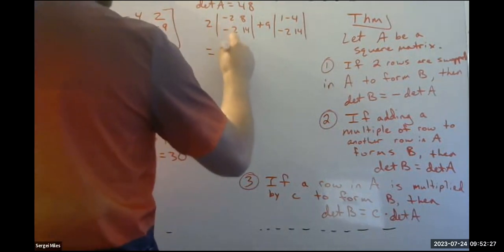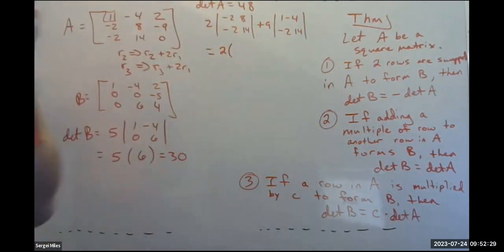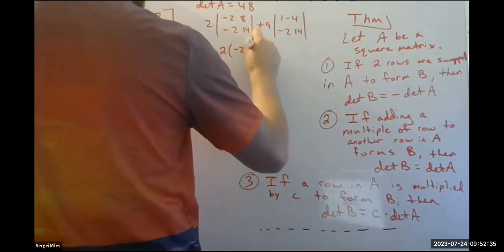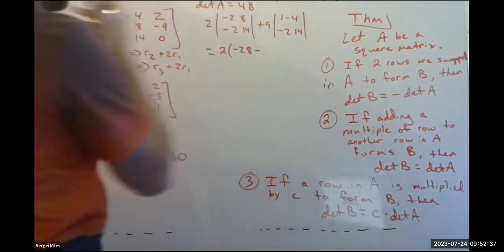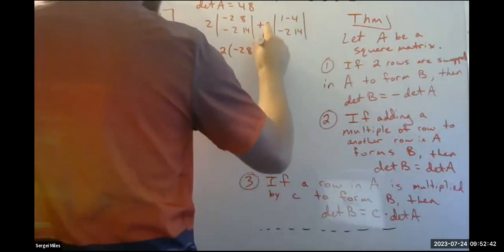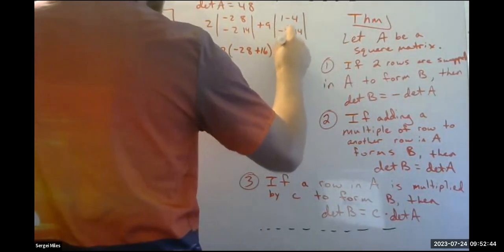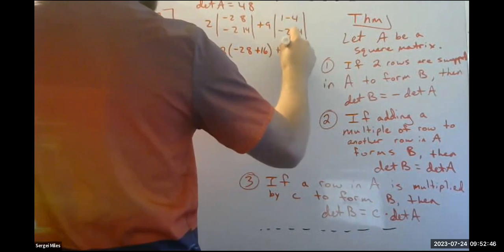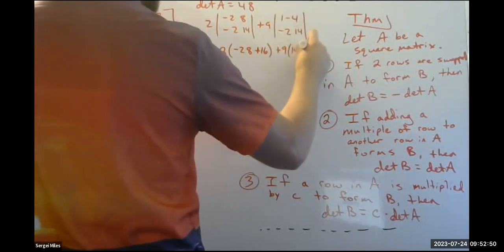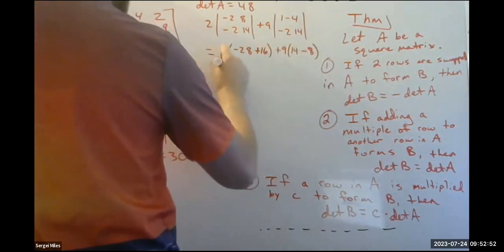So we have 2 times negative. Yeah, this must be where I made the mistake earlier. -2 times 14 is a -28 minus a -16. So that's plus 16, plus 9 times 14 minus 2 times 4, which is 8.